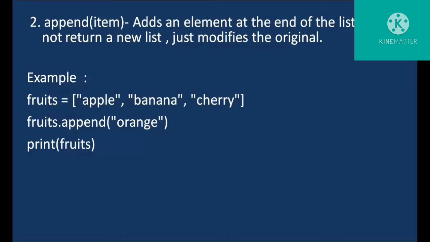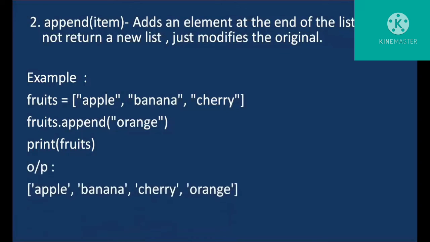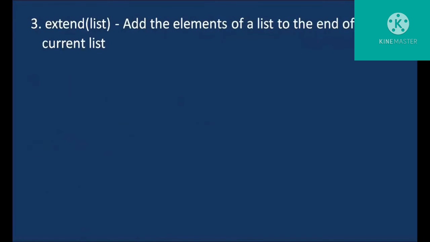According to the append function, it adds only one element, but that element consists of many other values. Is that clear? So the output is apple, banana, cherry and orange. It is added at the last. The append function gives you output like this.